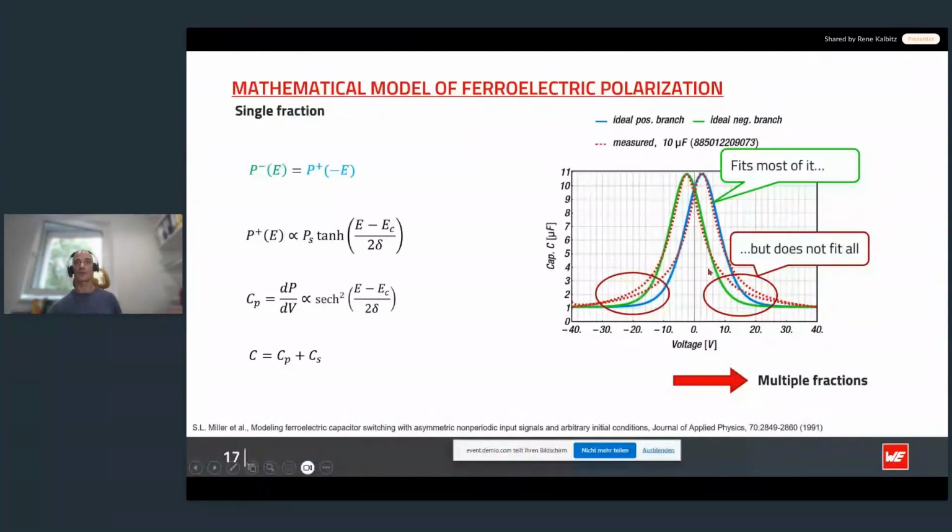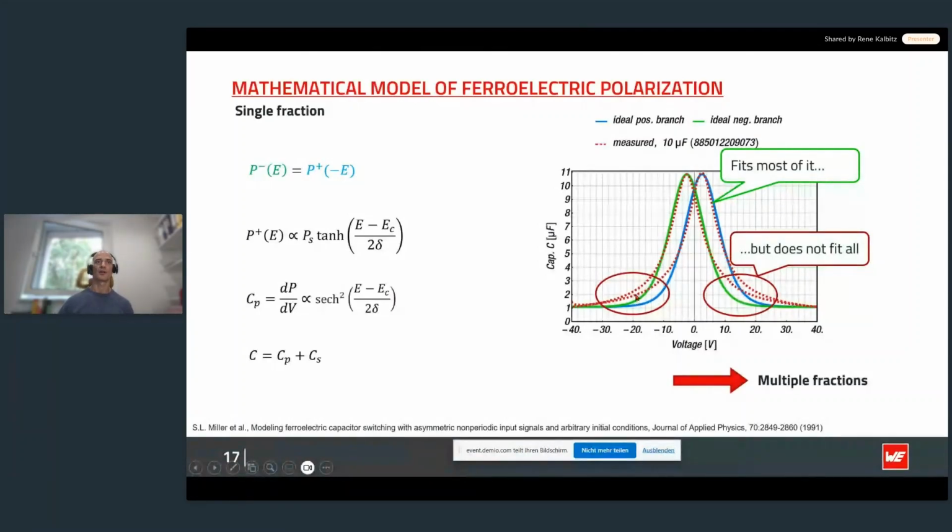When used on a measurement of a commercially available MLCC, the function does model the overall behavior. Certainly, however, if the voltage exceeds the 10 volts, the measured capacitance is larger than the calculated value by the model.